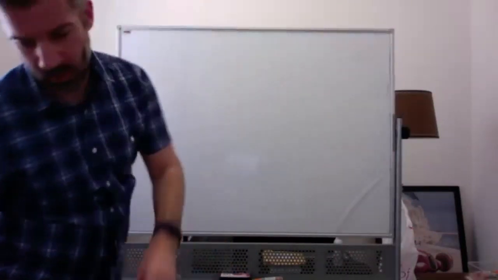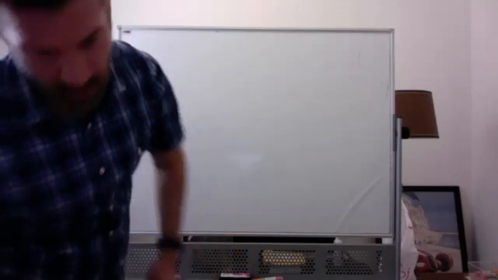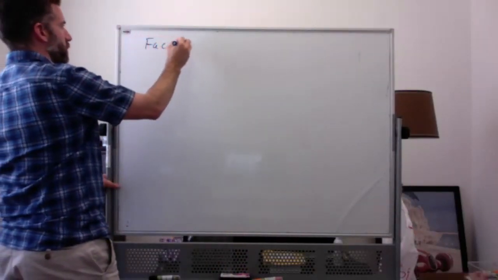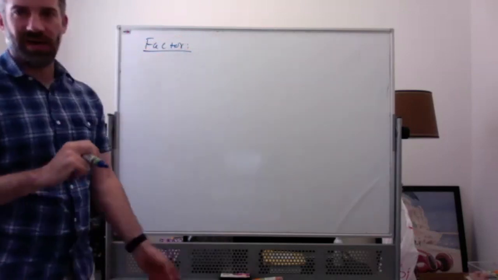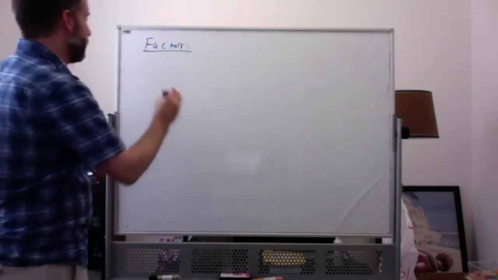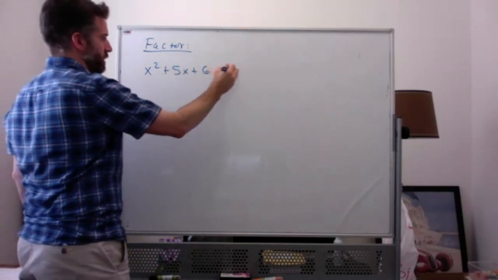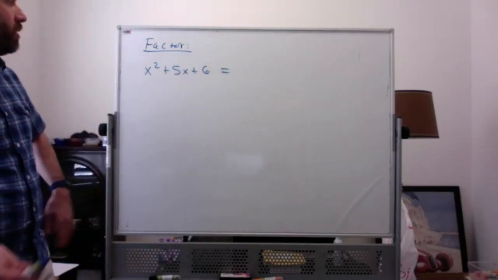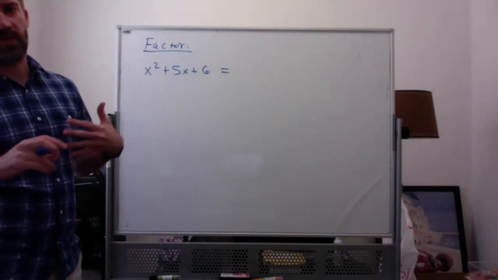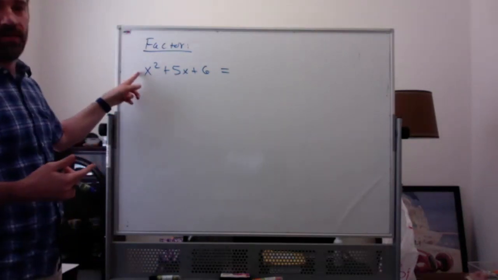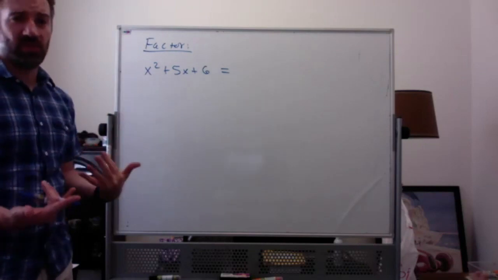So let's do some quick ones here. We're going to factor the following. These next 4 are all kind of the same, but all different. So x squared plus 5x plus 6. What I want to say is that when the coefficient here is just 1, I don't need you to show me a lot of work.